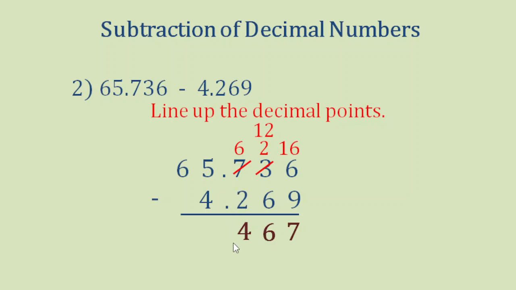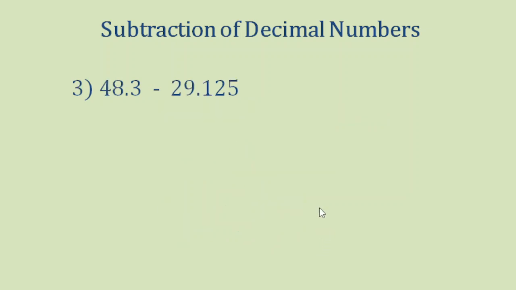Then we will indicate our decimal point. 5 minus 4 is 1, and 6 by itself, copy it down. Our answer is 61.467.